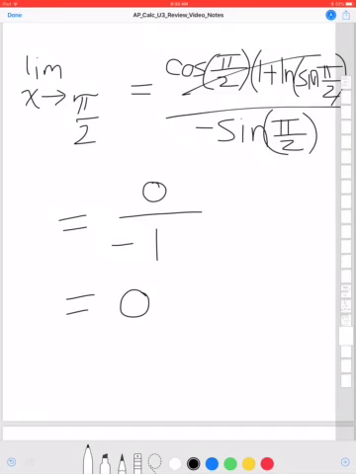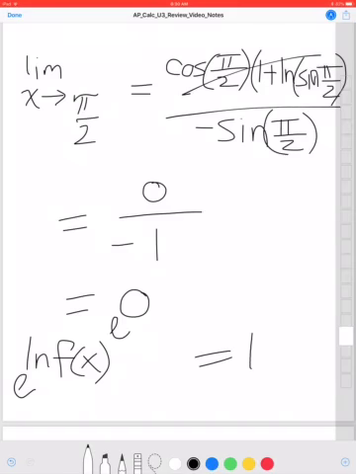And 0 divided by anything is 0. Alright, but that is the limit of the natural log of f of x. Right? So we need to raise that to a base of e. And e to the 0 is 1. So the final answer is 1.